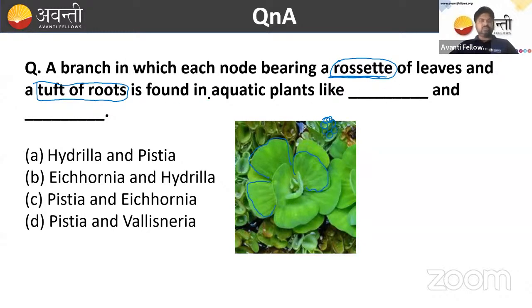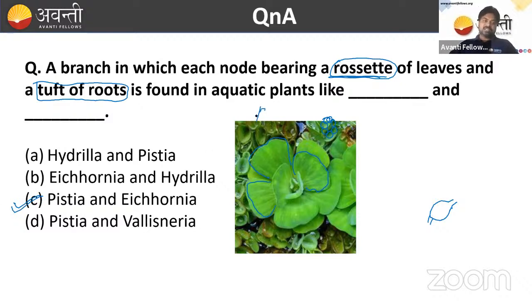And the tuft of root. The tuft of root means on the root side, or we can say the downside of the plant, you can see in some plants this bulb-like thing. That is known as the tuft. This type of condition is found in Pistia and Eichhornia. So the correct option is C, obviously.